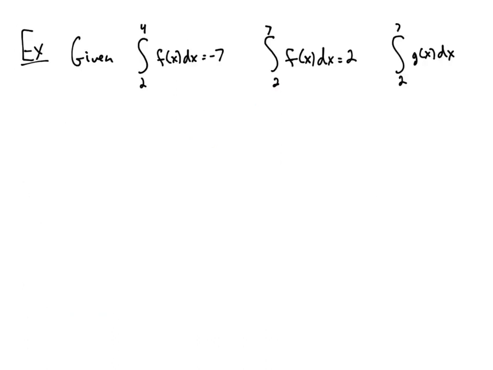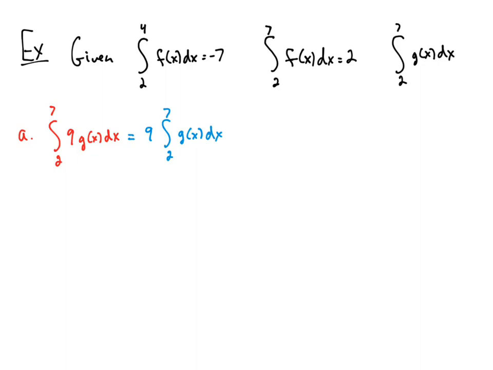So we'll look at a quick example here. We're given these three integrals, and then we're going to use these integrals to evaluate some new integrals. So the first one is the integral from 2 to 7 of 9 times g of x dx. Well, using that constant property we had, we could factor out the 9, and we're left with g of x dx.